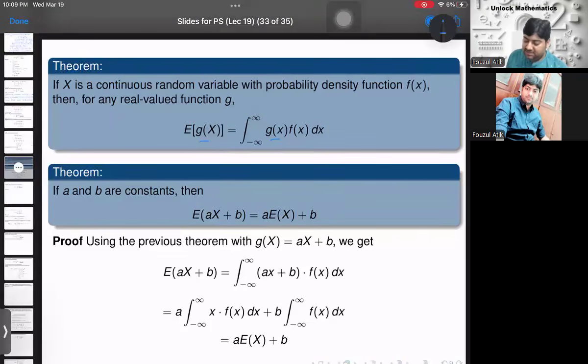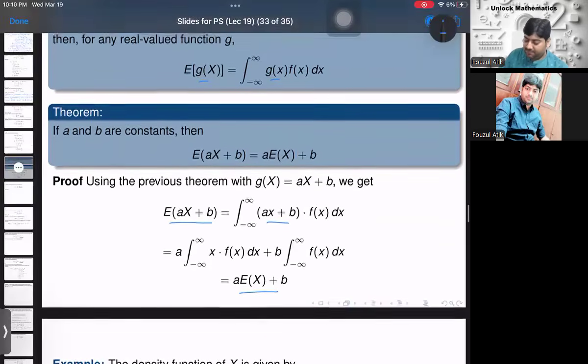And if I apply this, then the expectation of ax plus b is the integral from minus infinity to infinity, where ax plus b works as g(x), of (ax plus b) f(x) dx, and if you simplify it, you will see that it is aE(X) plus b, correct? So it is a kind of linear type.